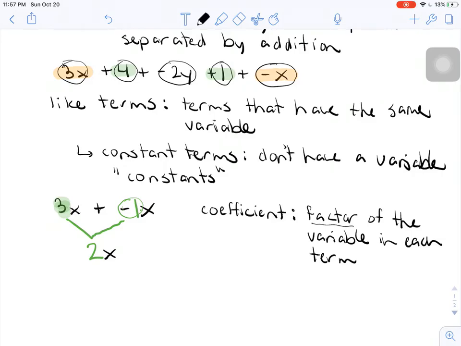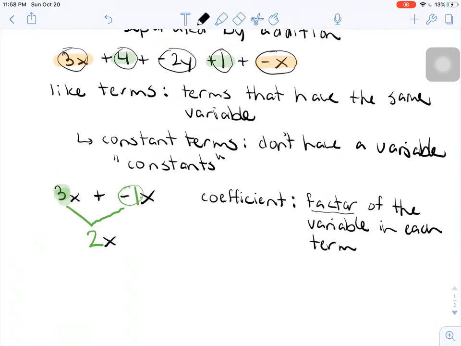So 3x plus -x, or -1x, would be 2x. I can do that with my other like terms too. I had two constant terms, a 4 and a 1. I could take the 4 and the 1 and put them together to make 5.